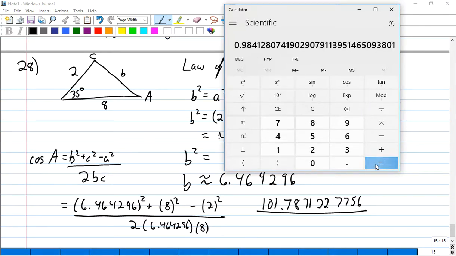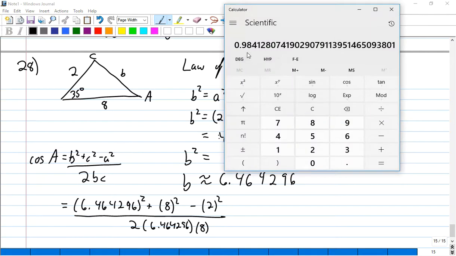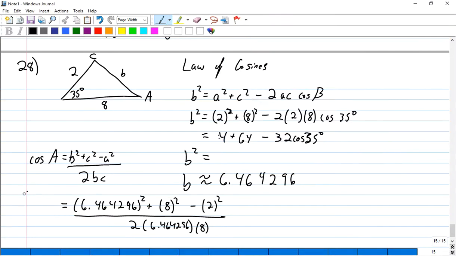Alright, so once you get this decimal, remember cosine of A equals this decimal. So you say second cosine, so you do inverse cosine. After you divide it all out, then you say second cosine, and it looks like you'll get 10.2 degrees.